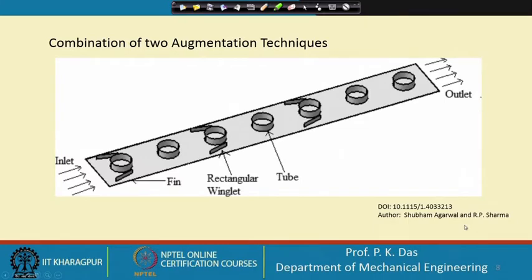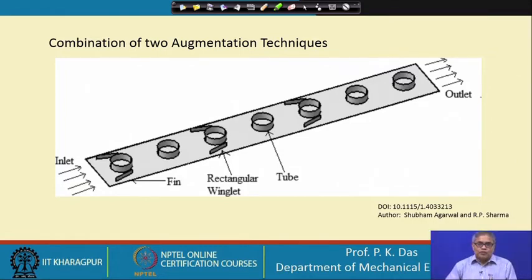Think of a fin tube heat exchanger. First, tubes are used for circulating some sort of liquid, and this liquid has to be either cooled or heated.